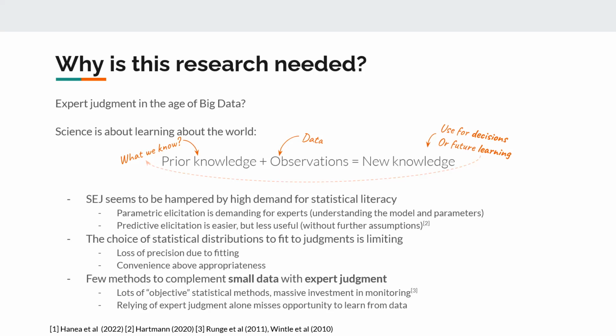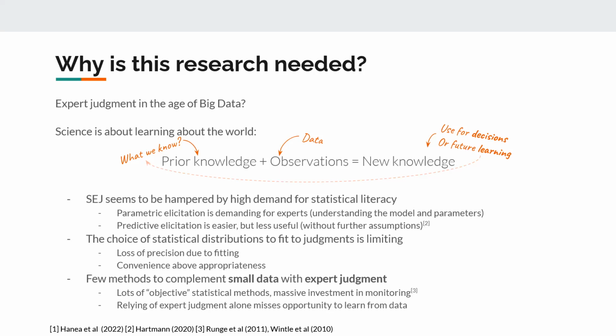So there's some kind of sacrifice of precision that happens when you're trying to fit these known distributions to the data. So that seems to be a challenge. And sometimes it's convenience over appropriateness. We sacrifice some precision to say, well, this normal distribution is easy to work with. Let's go with that. Seems to be symmetrical enough.